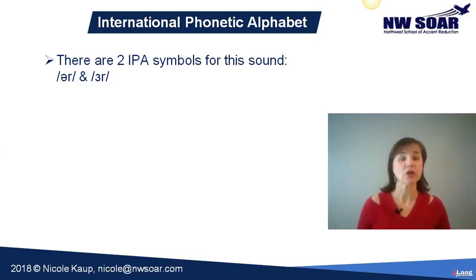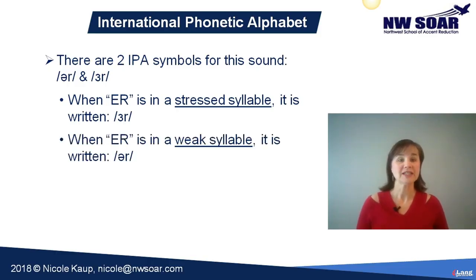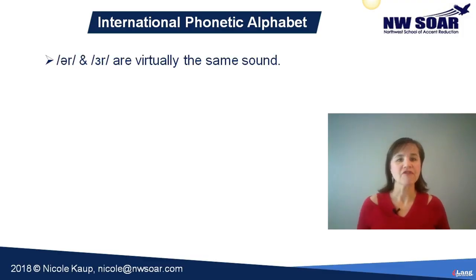Now you'll find that there are two different IPA symbols that are used for this sound. When is in a stressed syllable, it's written as follows. When it's in a weak syllable, it's written as the schwa followed by an R. These two are virtually the same sound.